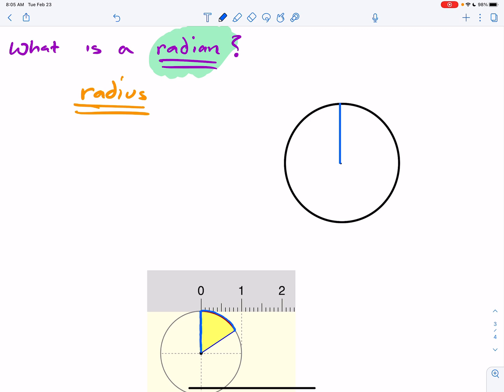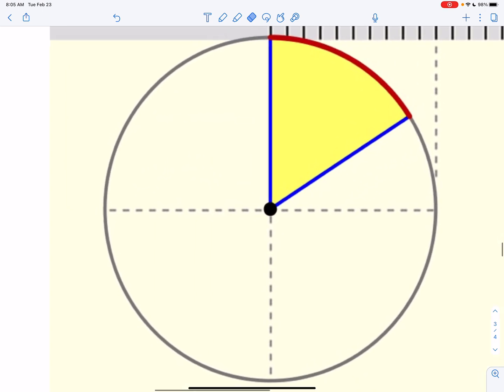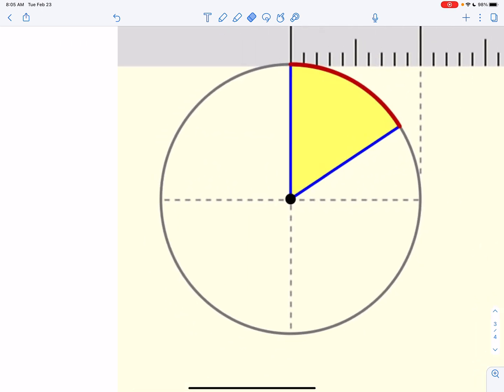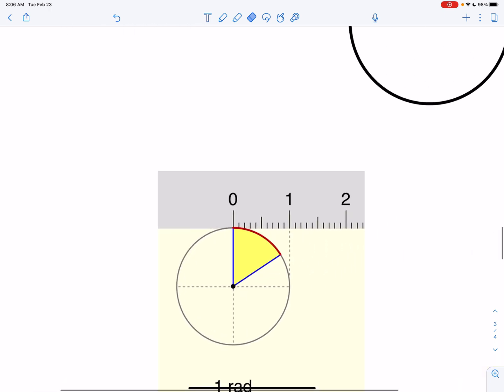No matter how large, even in this picture, even if I dilate it, if I made the circle bigger, the radian is still in reference to the radius of that circle. So if the circle is really small, the radian has that same length in reference to the radius, okay? If the circle is really big, the radian is also the same length as the radius, okay? So it doesn't matter what the size of the circle is, all right?